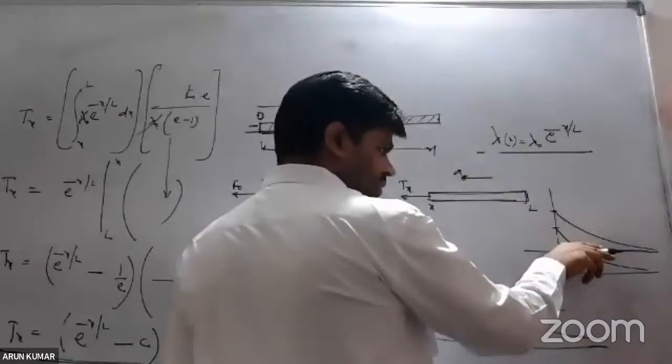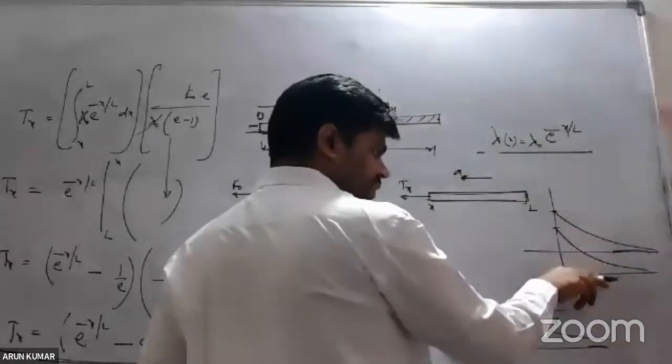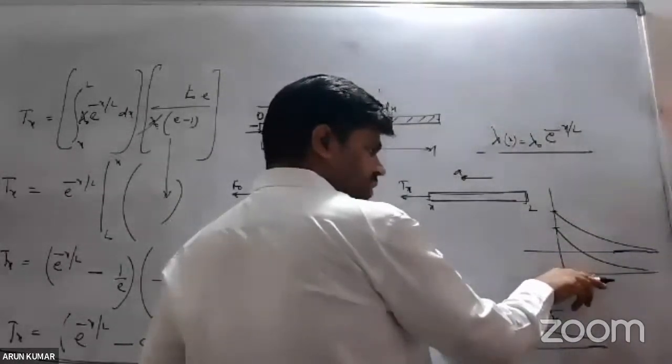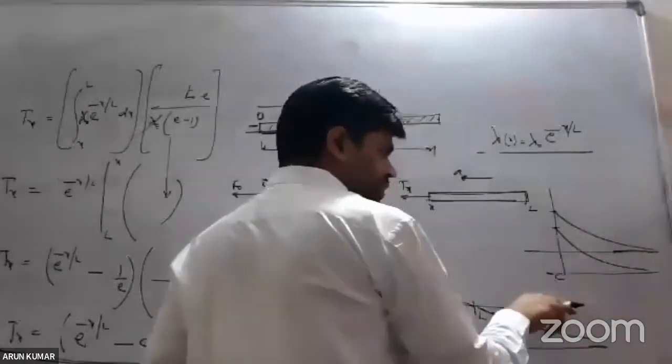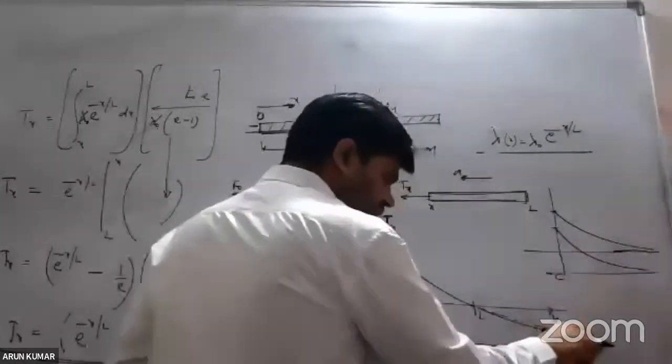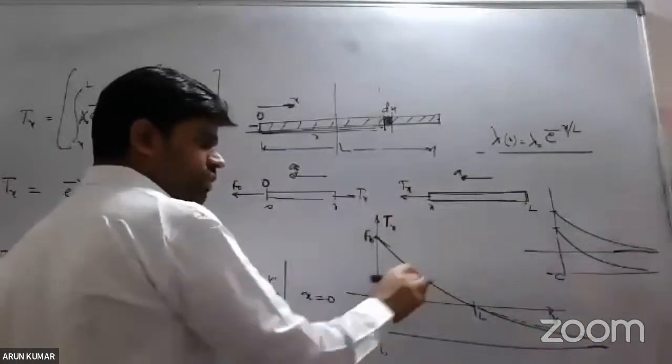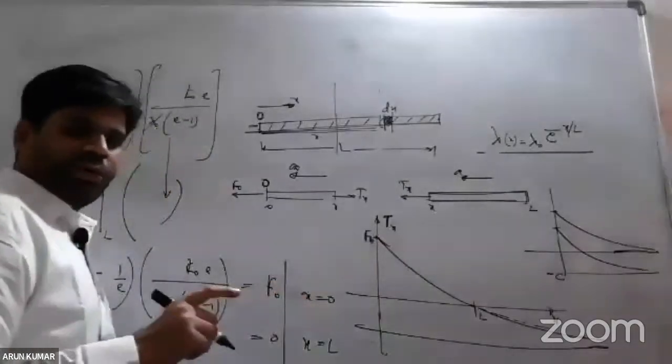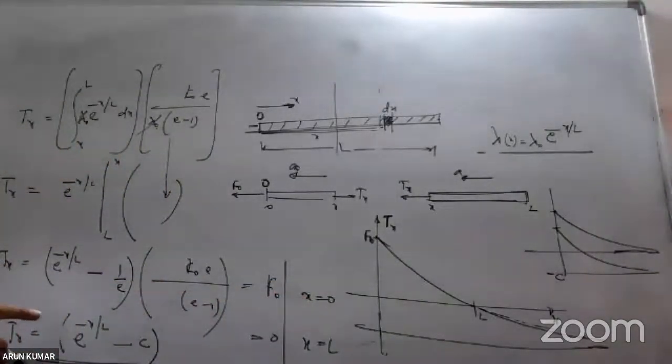The asymptote, which was the x-axis, is now shifted to y is equal to minus c. As x tends to infinity it is tending to minus c, not to 0 now. The x-axis is not my asymptote now. Do you get the difference, Vignesh? Yes, sir.